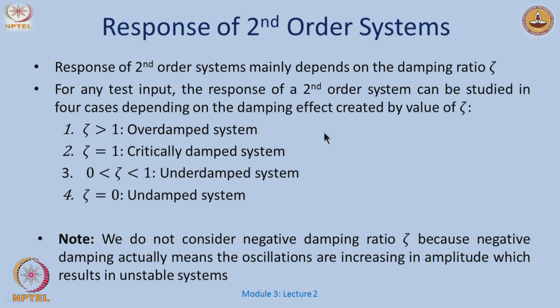You might have encountered these words somewhere earlier in some of the courses. If not, do not worry, we will try to define all those things. And of course, we are not really interested in negative damping at the moment, because all the things we are doing are restricted to stable systems, but a system with a negative damping ratio could resemble the behavior of an unstable system, which we are not interested in at the moment.